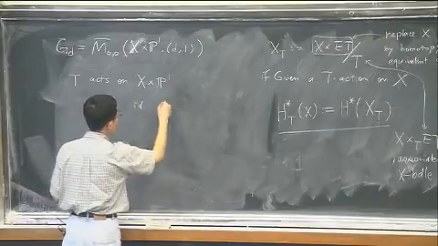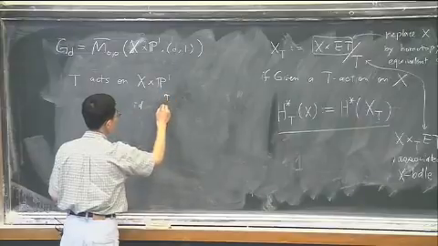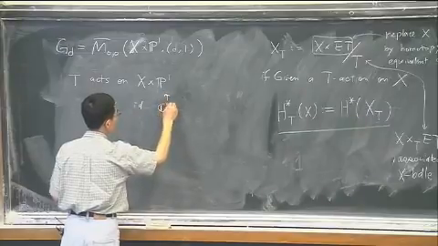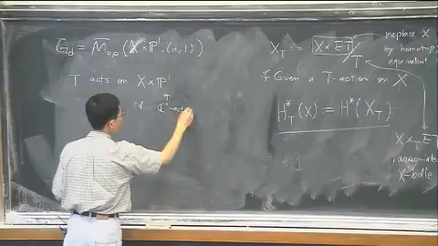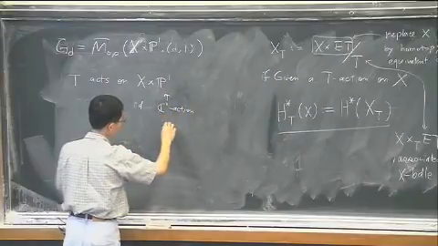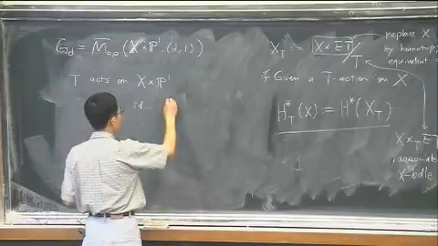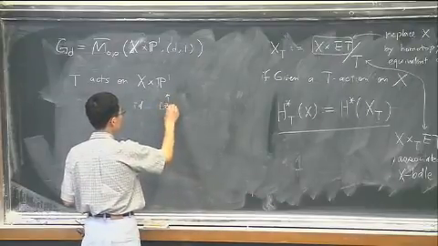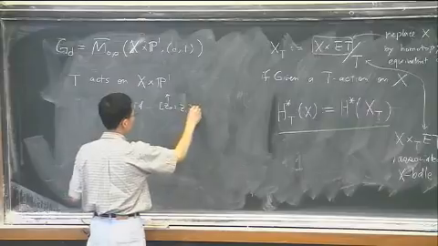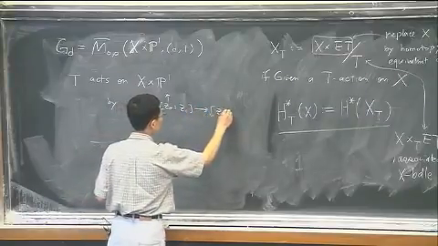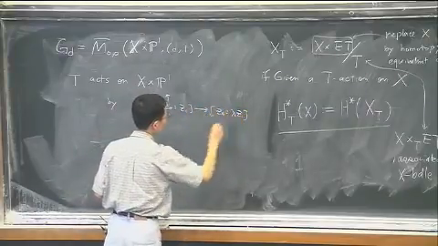Here you can act on P1 as a C star action, the natural C star action. Take whatever way you like, and maybe you can think of it as Z0, Z1 being acted upon by Z0, lambda Z1, for example.